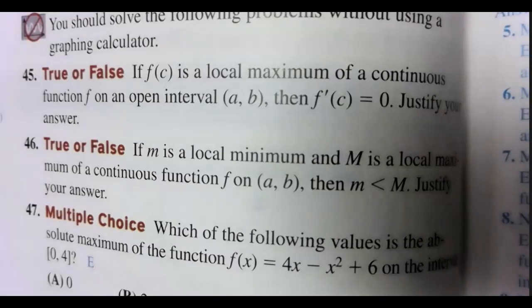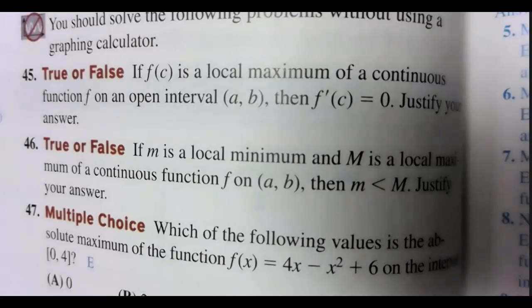Number 46, if m is a local min and M is a local max of a continuous function f on AB, then m has to be less than M. Justify your answer. All right, so this one, we're given a key word.